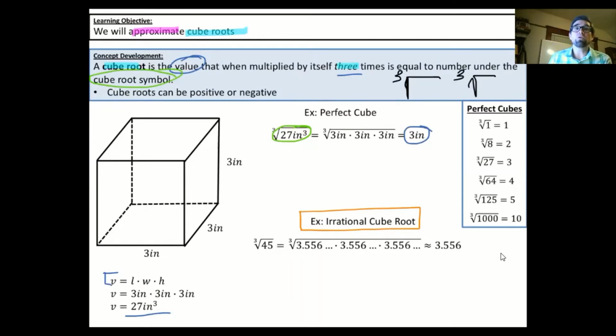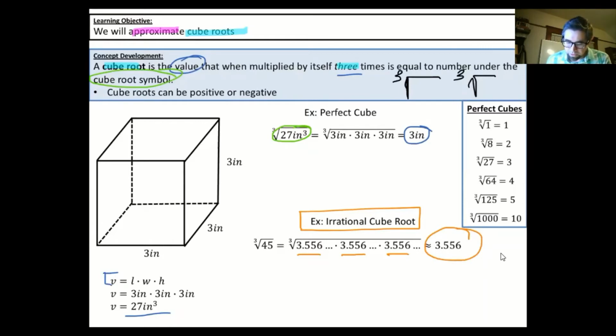There is no whole number multiplied by itself 3 times that gives 45. So therefore it has to be an irrational decimal. So here you can see I've got 3.556 and I'm multiplying that times itself 3 times. And if I do that, it actually gives me 45. So the cube root of 45 would be this irrational decimal right here.